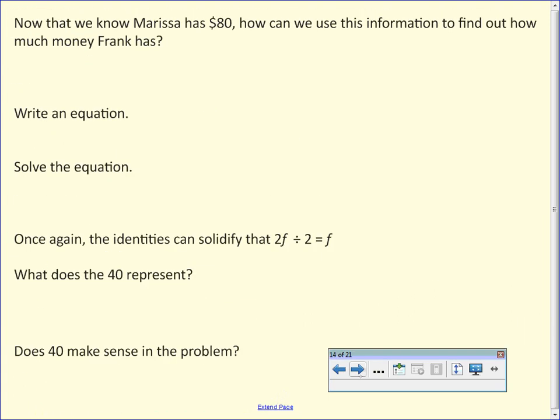What can we do? Well, we know that Marissa has twice the amount of money that Frank has, so that means we divide Marissa's amount.